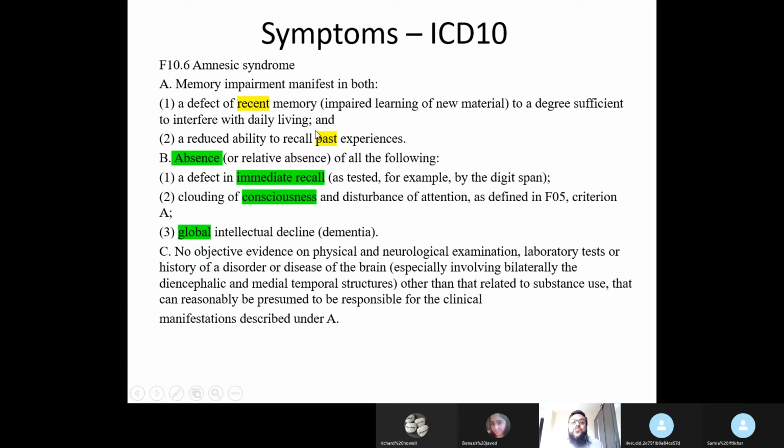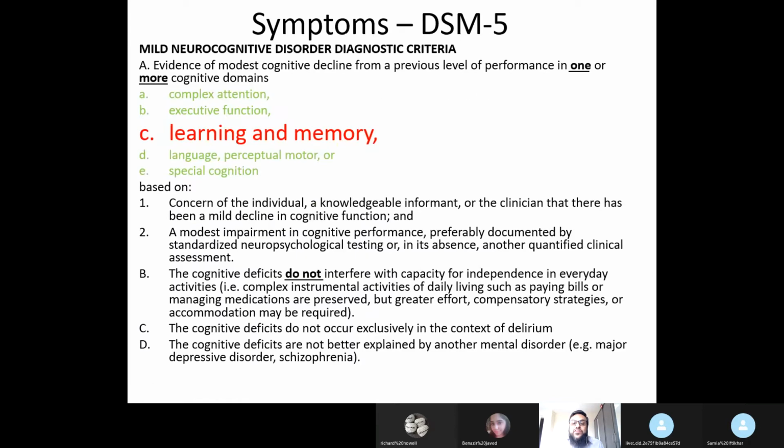So, in the past slide, we were saying it is sufficient to interfere with daily living. But here it contradicts the ICD-10, that it does not interfere with the capacity of independence in everyday living. So if we try to match both, that means it does not significantly interfere with the capacity of independence in everyday living.